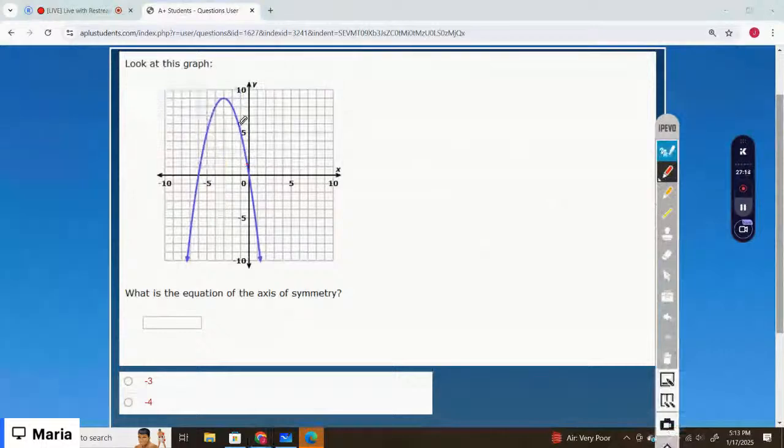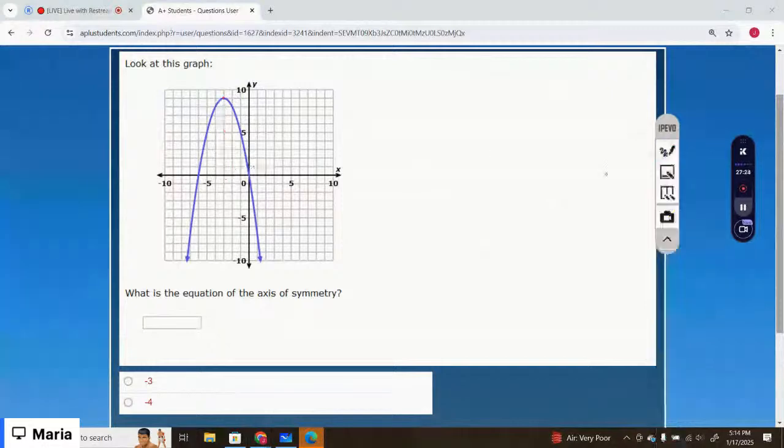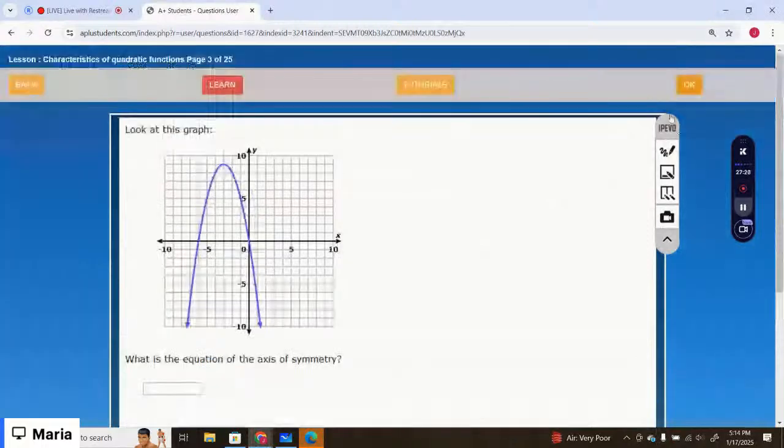So that is 1, 2, 3. That is negative 3. That is x equals negative 3. Option number 1 is the correct option.